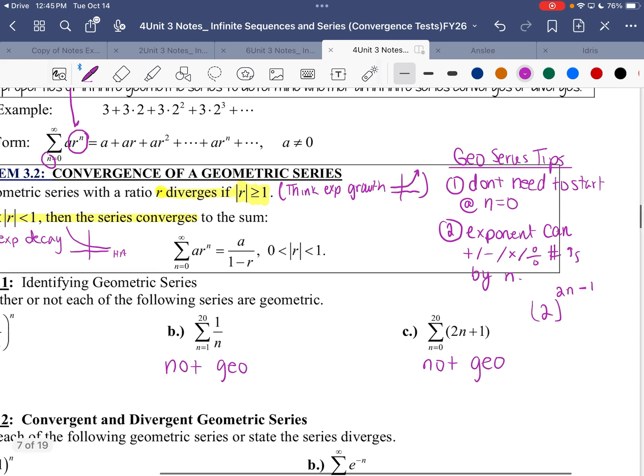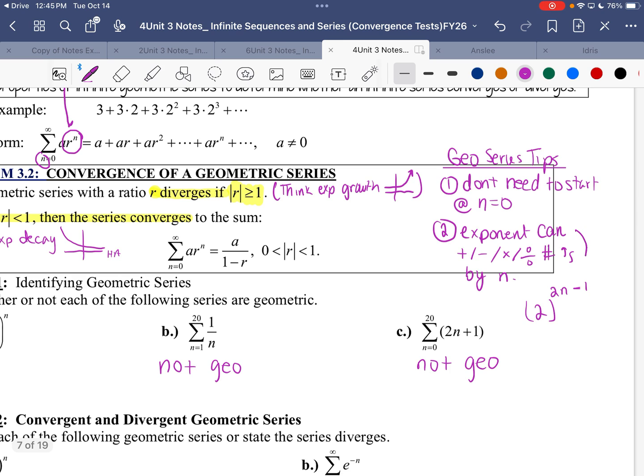This is still geometric, because there's still only n in the exponent and nowhere else. It's just using properties of exponents to make it look less gross. So it's still geometric if you have something adding, subtracting, multiplying, or dividing n.